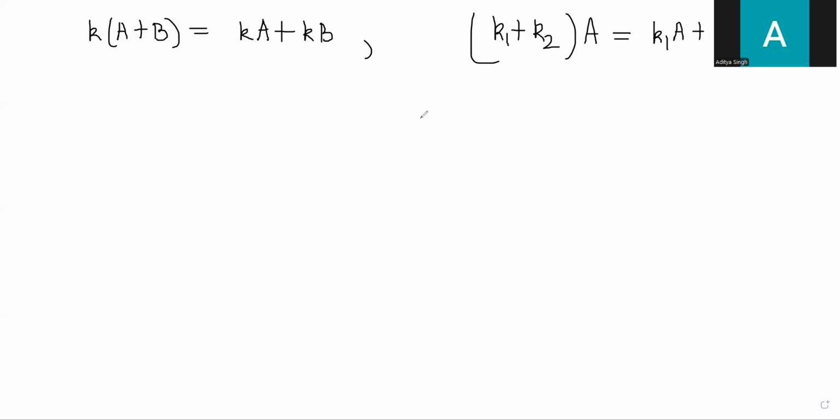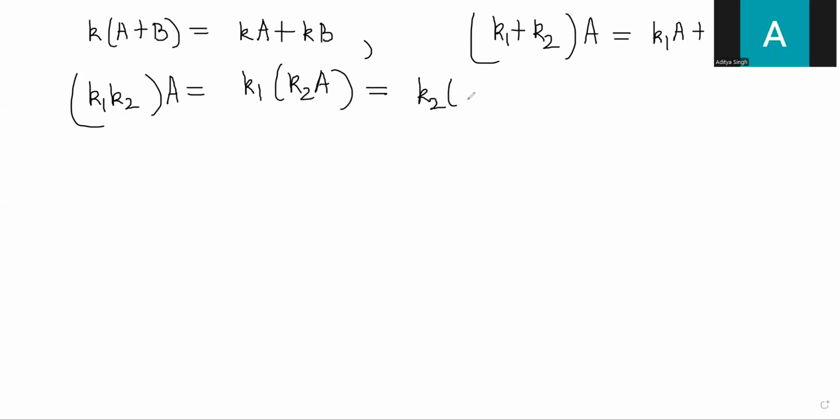This is the distributive property. And similarly, k1 times k2A is the same as k1k2 times A, and that is the same thing as k2 times k1A. So these are all normal behaviors, properties of scalar multiplication. There's nothing weird about them. You can use it like this.